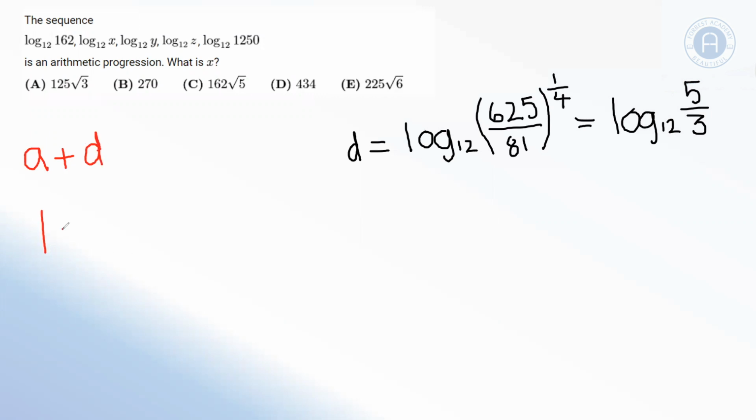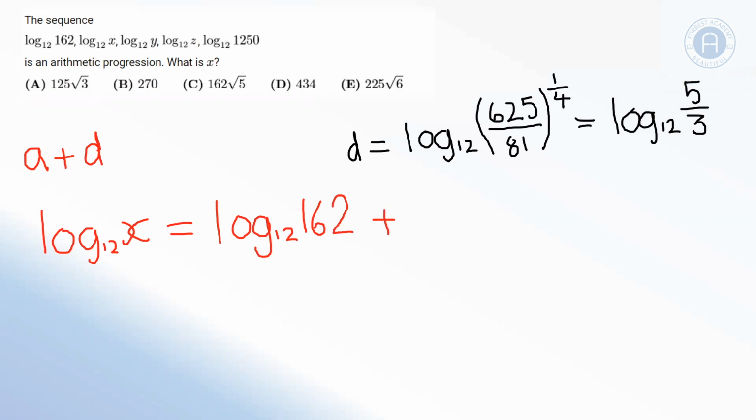So log base 12 of x is equal to our first term, which was log base 12 of 162, plus our common difference, which is log base 12 of 5 over 3.